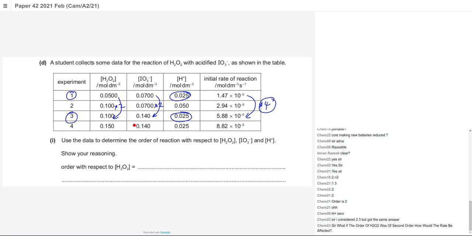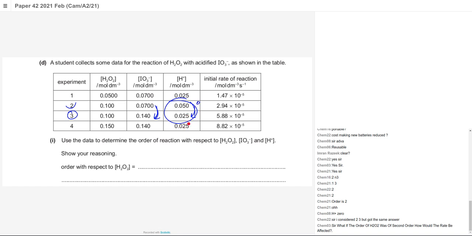Continue, there's a question. I considered 2 and 3 and got the same answer. I'm surprised how you got the same answer, because we don't know the order with respect to H plus. You're making 2 changes, right? You cannot consider 2 and 3 because you're making 2 changes. How do you know the effect of H plus then? We don't know.